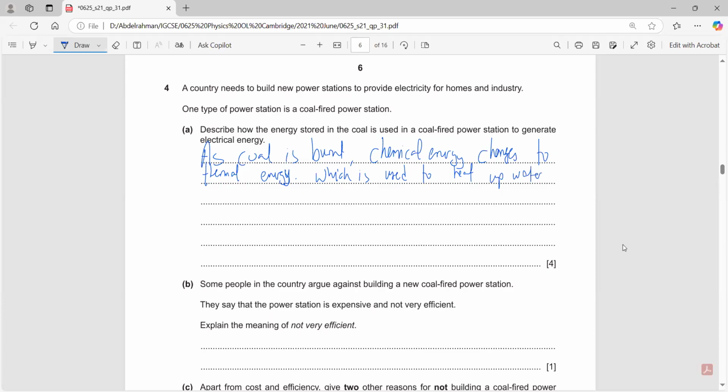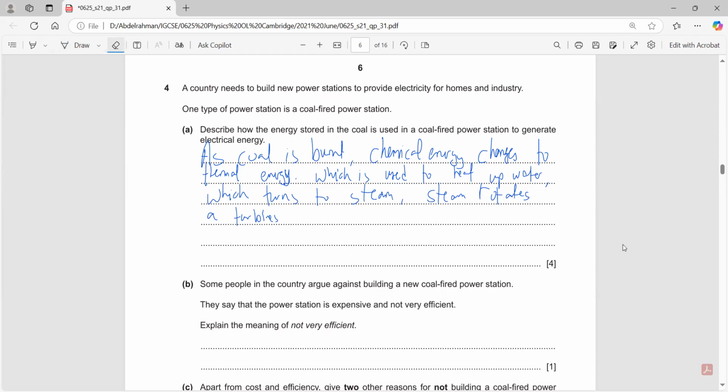Someone is saying it makes steam. Steam turns the turbine. Turbine turns the generator. Generator generates electricity. Definitely, this is 100% correct. To heat up water, which turns to steam. Then the steam rotates a turbine.